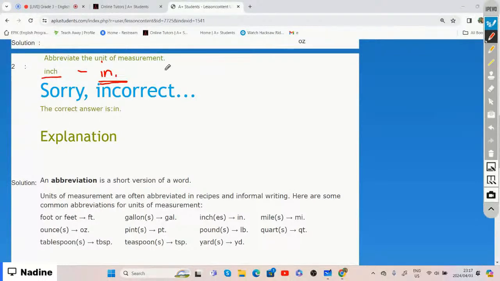So we're going to put our period at the end. But in is correct. For inches, we say in, now period, right? So the period is the indication that we are abbreviating that word.